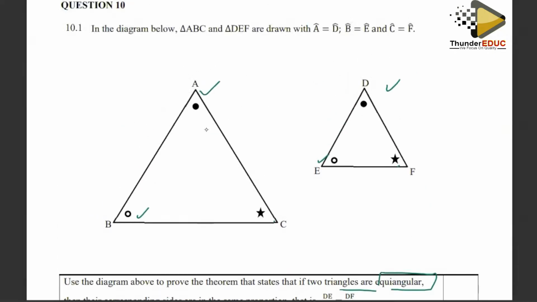So what we normally do is start by constructing. Just label these with any letters of your choice.